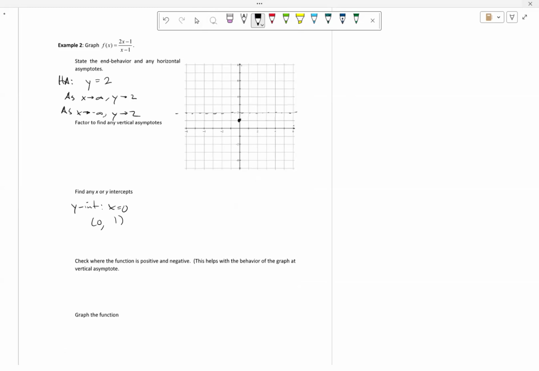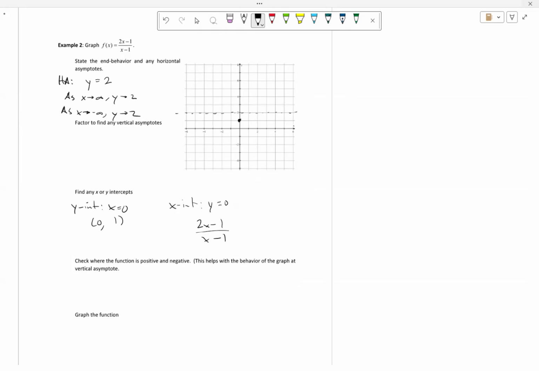Okay, Miro, was there anything else? James? Find the x-intercept, okay. Nice. We set the whole problem equal to 0. We didn't have to do this last time because both of them were 0.